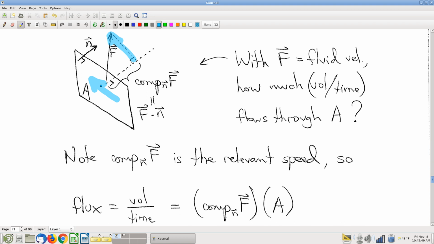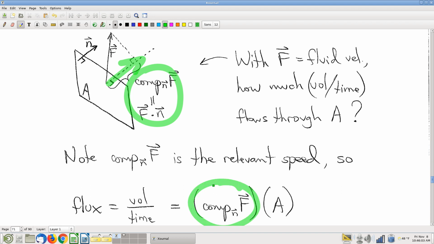So we throw away the along part. We look at the through part. It's the component of the vector field in the normal direction. More component in the normal direction, more flux, more fish.